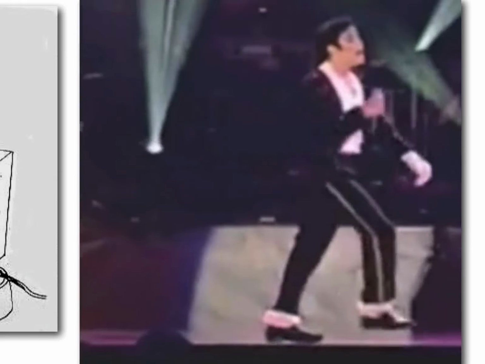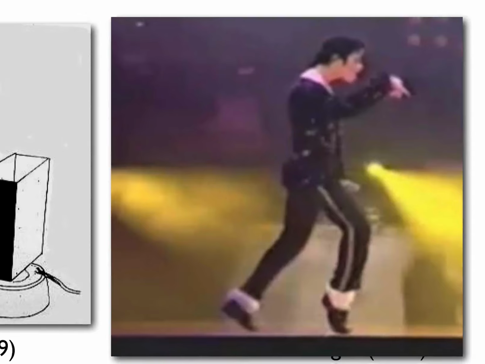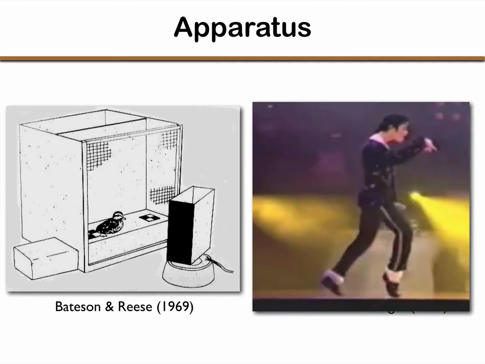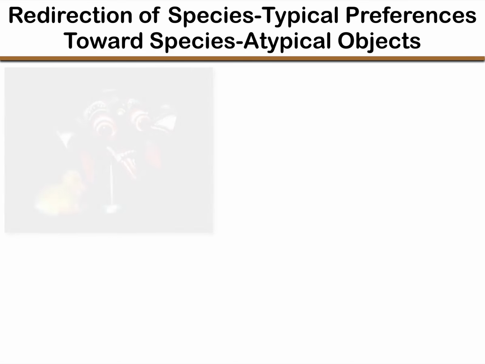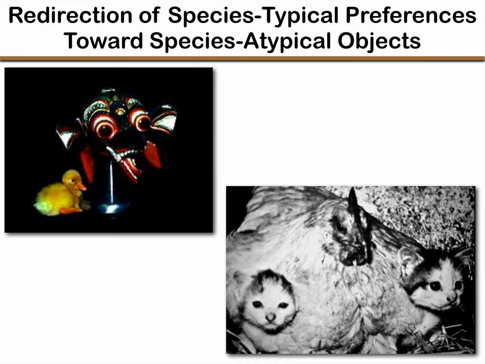Something like that. In the wild, that would make a young bird psychotic. I think if every step it took toward mom, it was taken away from mom, it's like, yikes, what's going on with that? Okay. It's very easy to redirect species typical preferences toward species atypical objects.